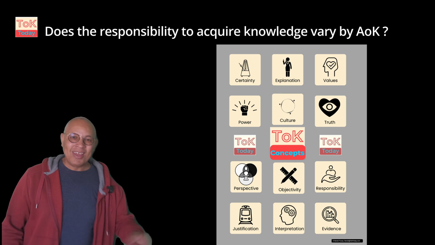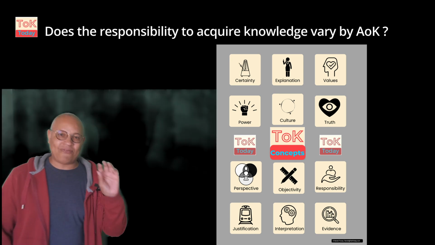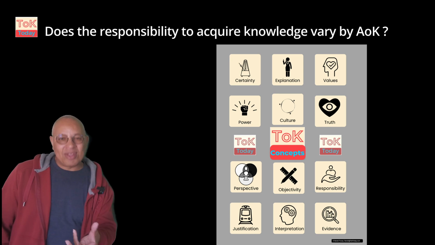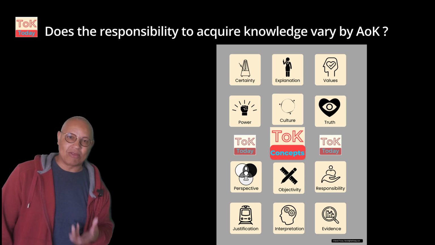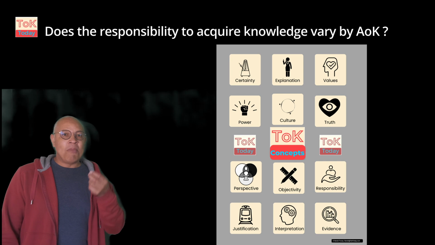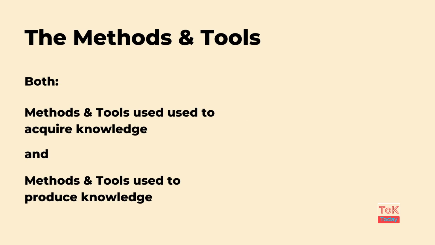But let's move on to our third and final understanding of responsibility to acquire knowledge. And this is that the responsibility to acquire knowledge may vary according to AOK because of the methods and tools used to acquire knowledge. Now, we need to be a little careful here to keep the focus on the knower acquiring knowledge rather than on the knowledge producer producing knowledge.